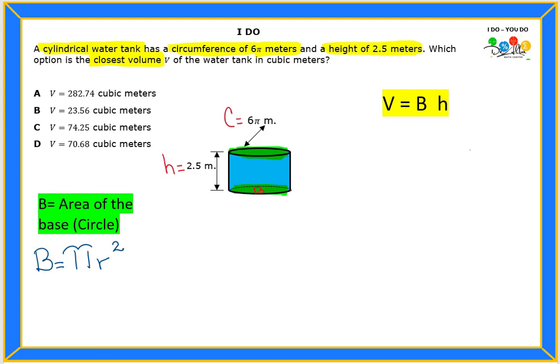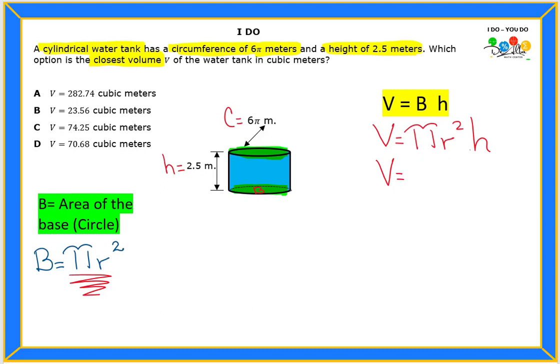So what I want to do next is come back to my formula, and I am going to replace capital B, because remember capital B, we have it over here. I'm going to replace it with what I underlined. So I will write down pi radius squared times the height.